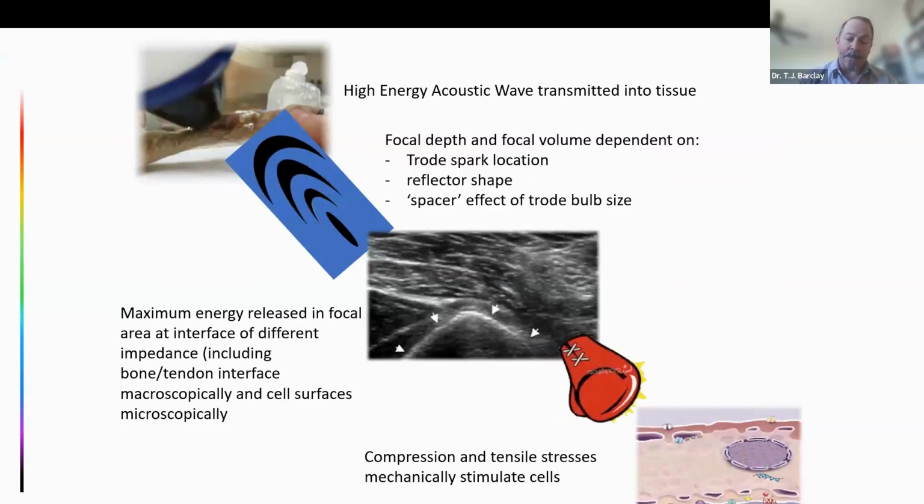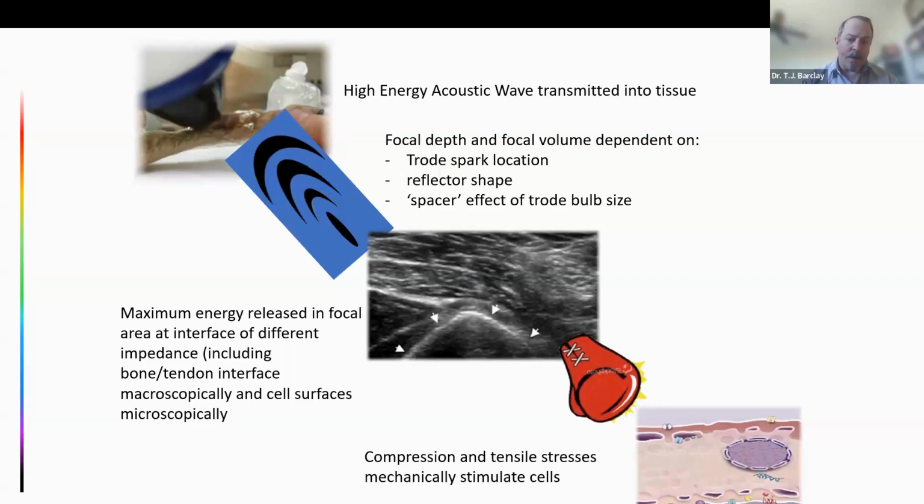So that's going to be places where the density of the tissue changes, and therefore the speed of sound in that tissue changes, and that's really the places where the effects of the shockwave are felt. So that's going to be places like a tendon bone interface, or the difference in density between a soft tissue lesion and the normal tissue around it, or a joint, and so forth.